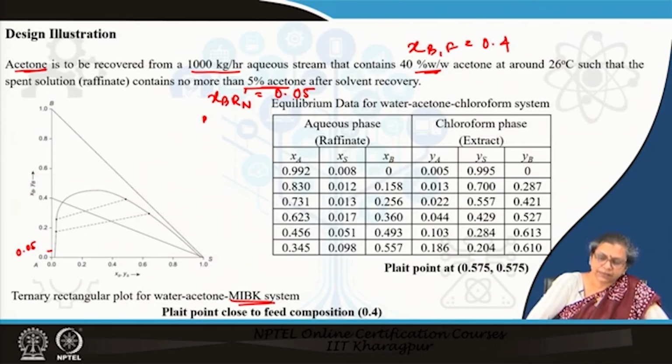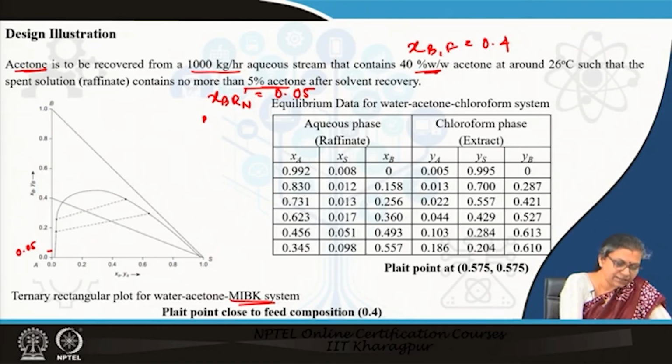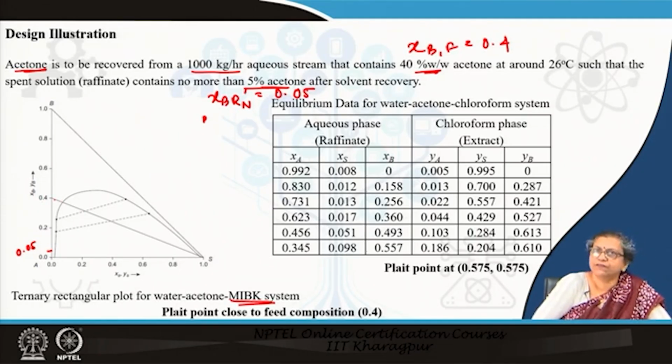Now, we had obtained the equilibrium data for MIBK, and this is the rectangular plot corresponding to MIBK. Once we constructed this, what we noticed is that the plait point, if you observe here, is very close to 0.4, which corresponds to the feed composition. So, therefore, the closer we go to the feed composition, we know that we cannot perform extraction.